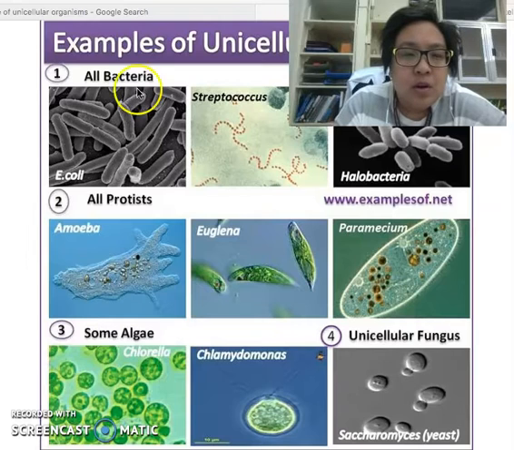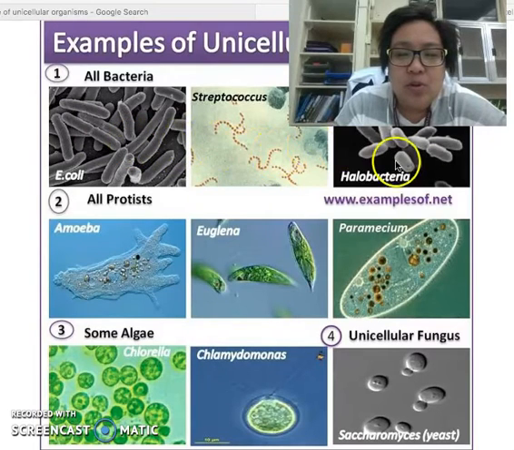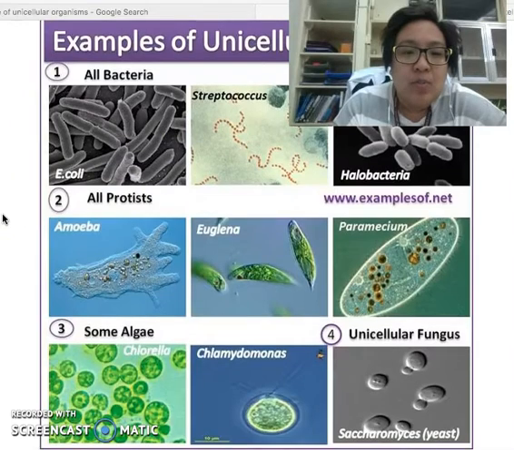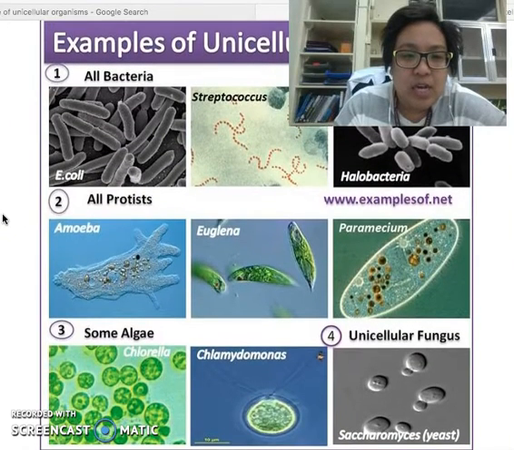So you have here your prokaryotes, remember, there's prokaryote and eukaryotes. You don't have a true nucleus, so these different kinds of bacteria, E. coli, streptococcus, or halobacteria, or it can also be single-celled eukaryotes, such as an amoeba, euglena, paramecium.